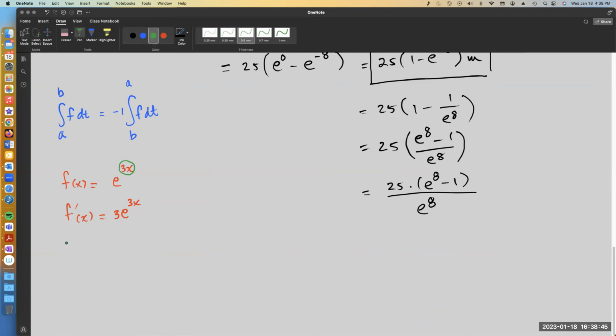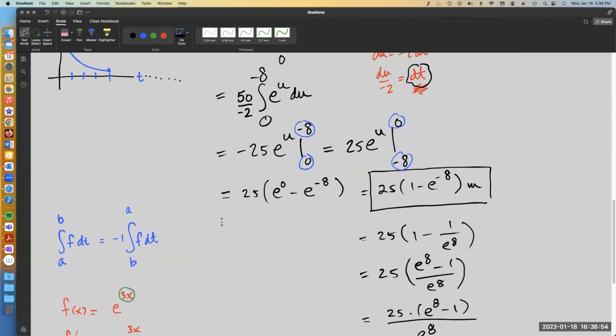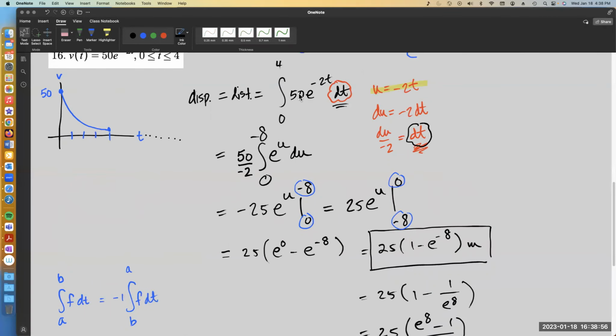Now let's look at a related problem. What if we integrated e to the 3x? Now let's focus up here for a moment. Notice we have an e to the -2t here. What did we end up doing? We ended up dividing by -2.